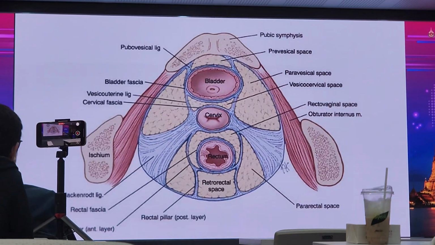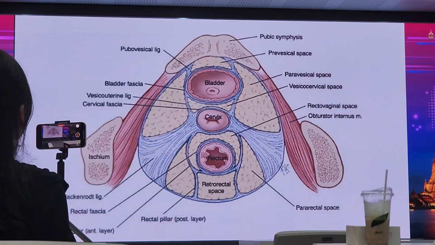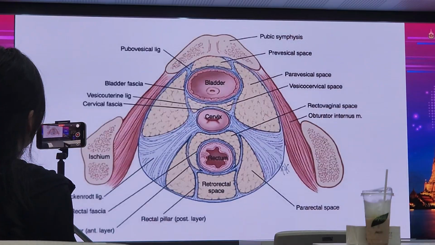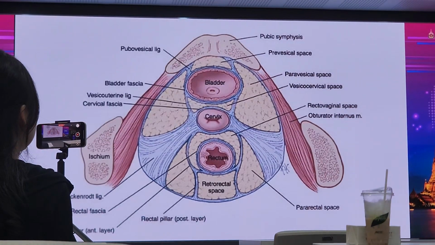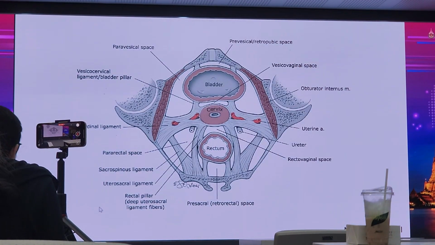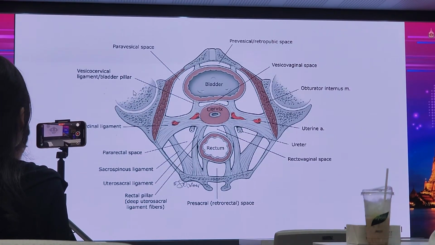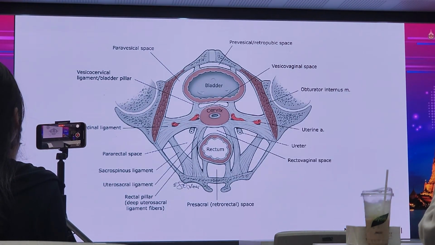And here are the cardinal ligament, or Mackenrodt ligament, or lateral cervical ligament, the major support. Like for a radical hysterectomy, we have to identify the pararectal and paravesical spaces in order to identify the cardinal ligaments. Inside the cardinal ligaments, you have to know that there are the uterine arteries, and the ureter crosses below the uterine arteries at the Mackenrodt ligament.